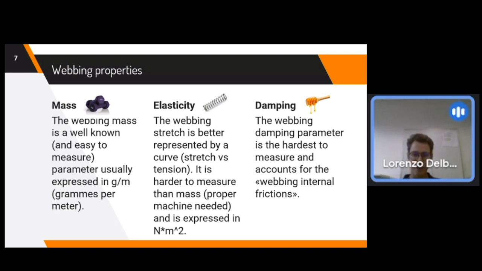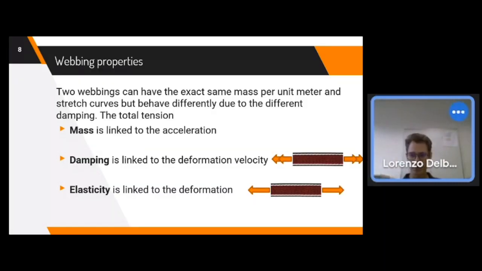And damping, as I said before, it accounts for the internal frictions of the structure of the webbing. So these three parameters are key components of anything that moves in our world.